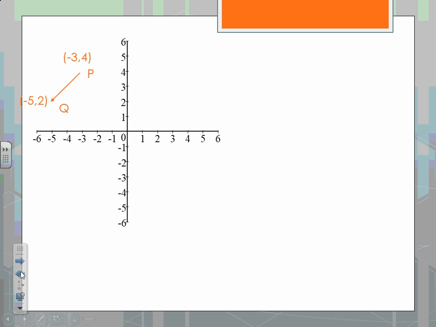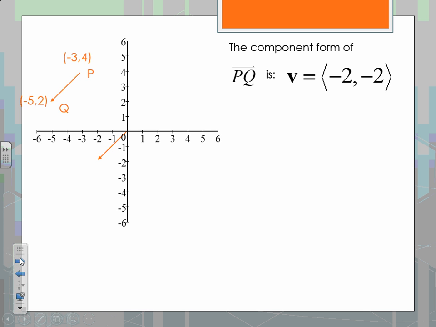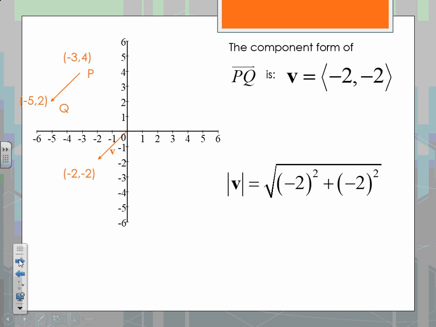So if we take terminal minus initial, we take -5 minus -3, and 2 minus 4 to get our component form of <-2, -2>. Then in standard position, that would be vector V. Does that make sense? Now if we wanted to find the magnitude, the magnitude of V would be 2 square root of 2.